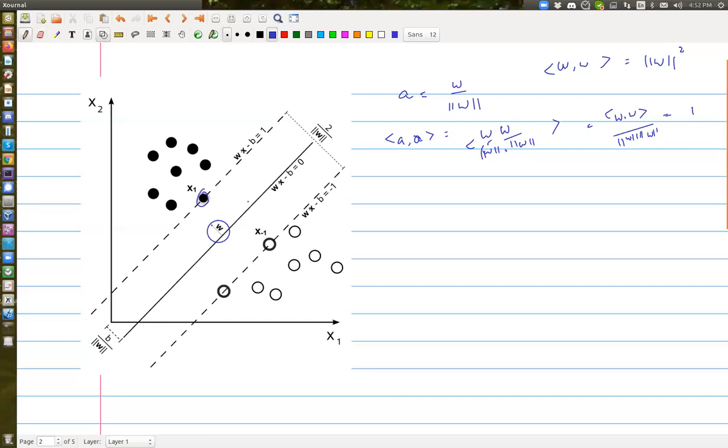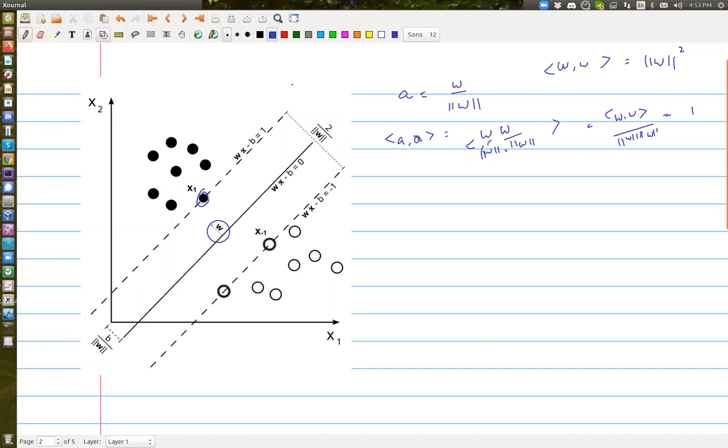So for this point here, if I have a point X1 here, I have AX1. I always confuse myself.